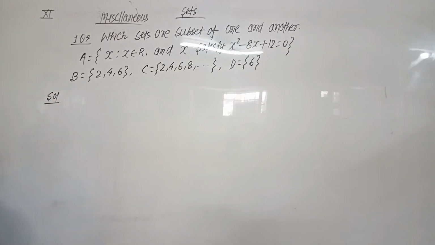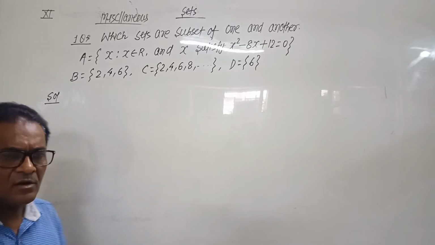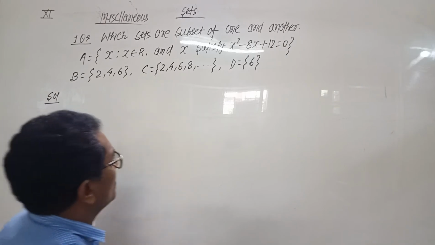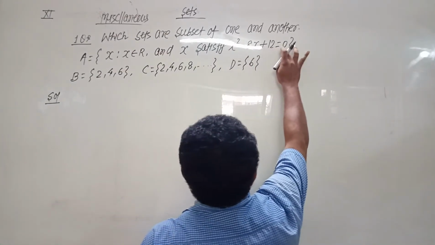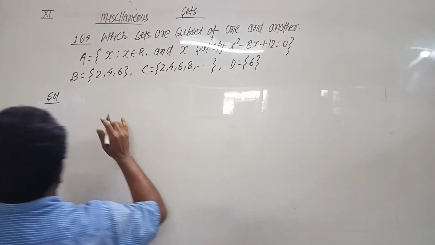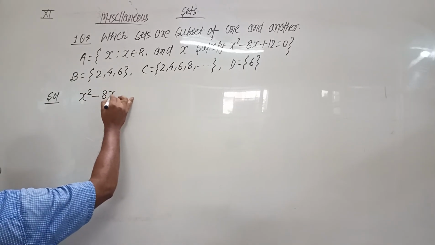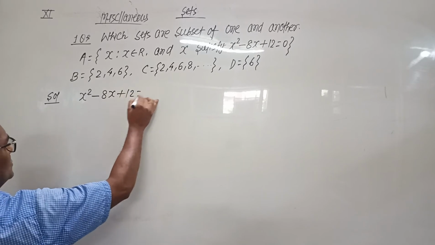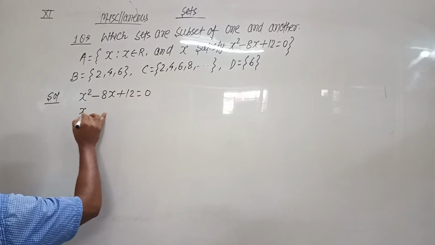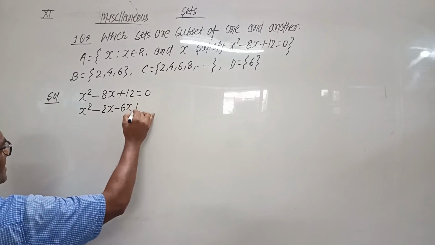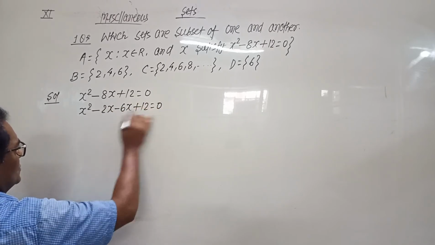So we write set A in roster form, and for that we have to solve this equation: x square minus 8x plus 12 equals 0. We factorize it: x square minus 2x minus 6x plus 12 equals 0.